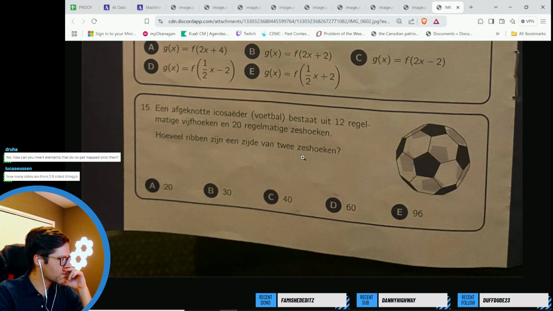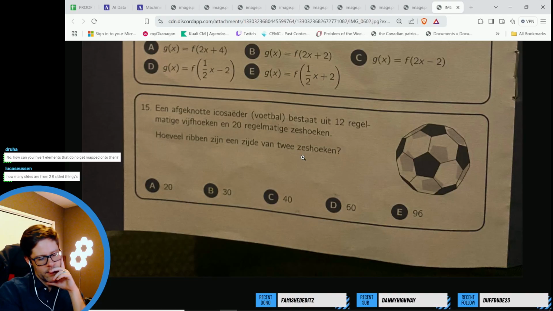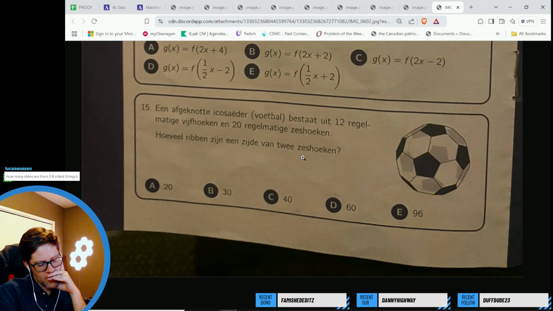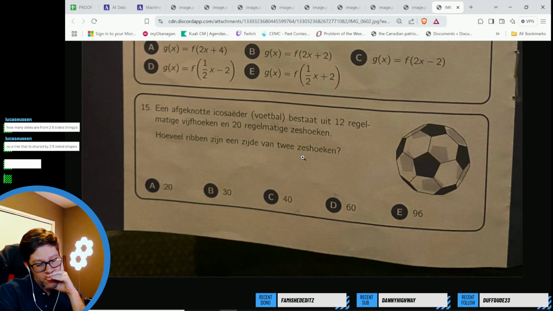How many sides are from two six-sided thingies? Oh, I see. Oh, okay, that's cool. So it should be 1, 2, 3, 4, 5. So it should be 10.